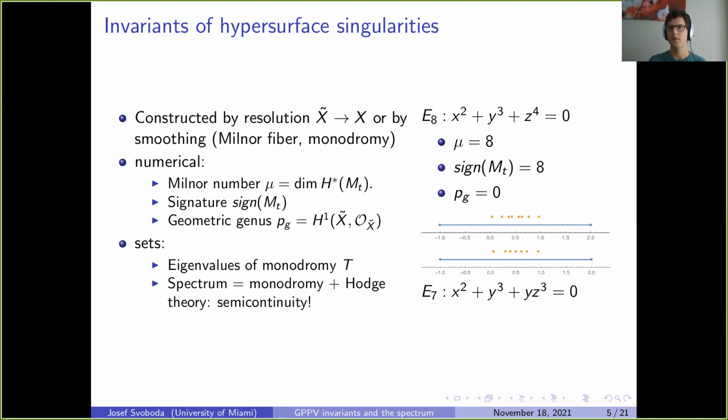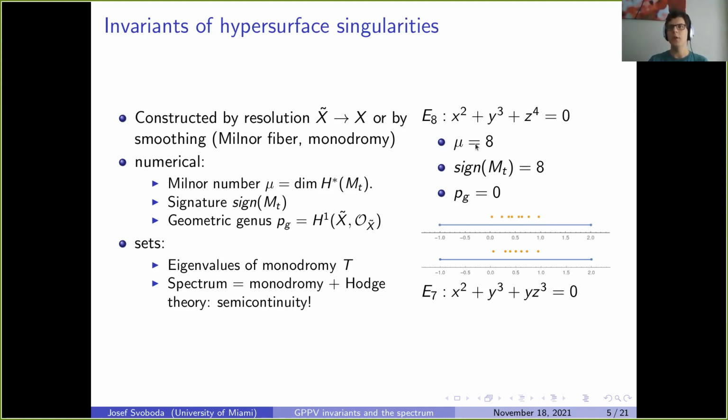Okay, so hopefully you got some rough idea how to construct some very cool invariants of singularities. So here is an example. We take x squared plus y cubed plus z to the 5. This is a hypersurface which has some horrible singularity at 0, because all the derivatives are 0.